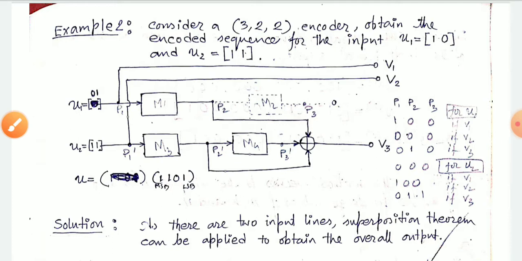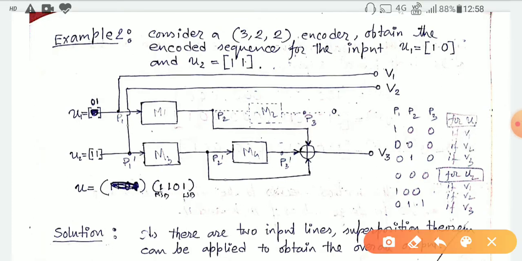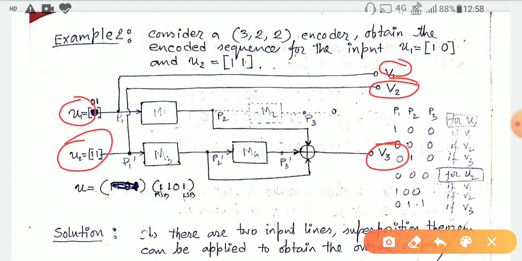From the figure also you can identify that three outputs are defined as V1, V2 and V3, and two inputs are provided in the form of U1 and U2. The maximum number of memory units you have to record for getting the output is 2, for V3. Look, to get V3 these two memory units have to record.